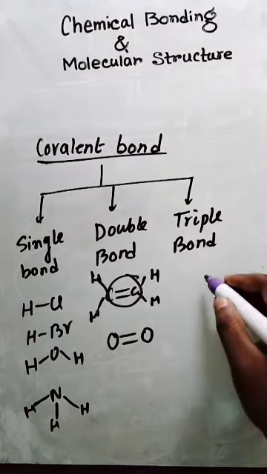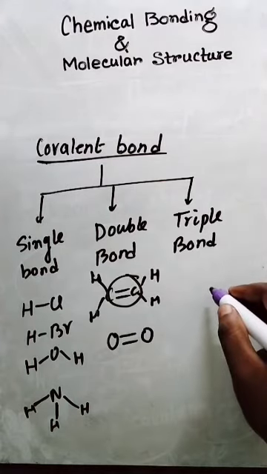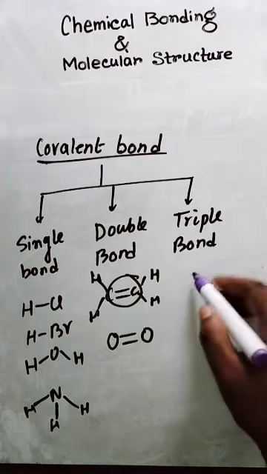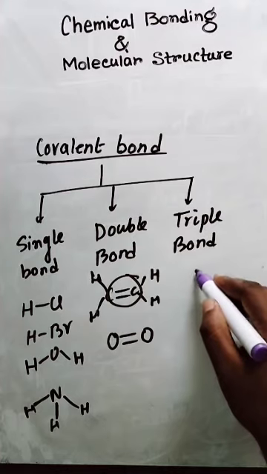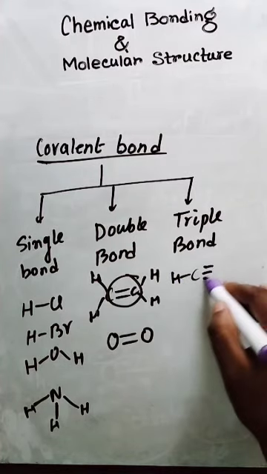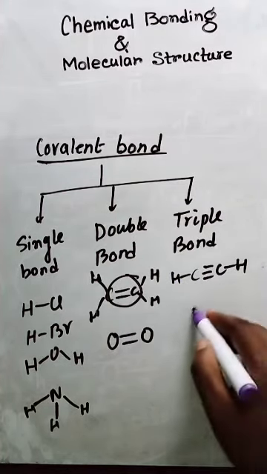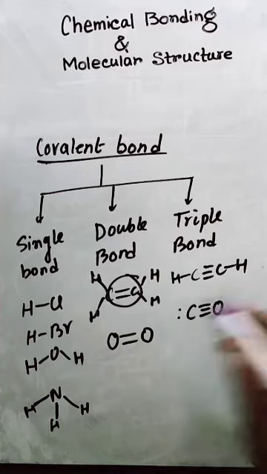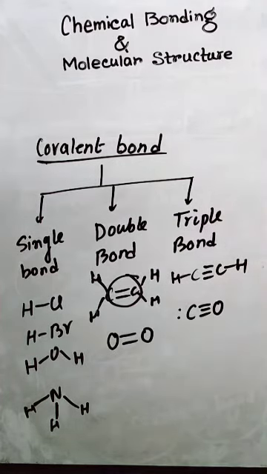And a triple bond means there are three bonds between two atoms. For example, acetylene and carbon monoxide. In these molecules, there are three bonds between two atoms. So these are a few examples of single, double and triple bonds.